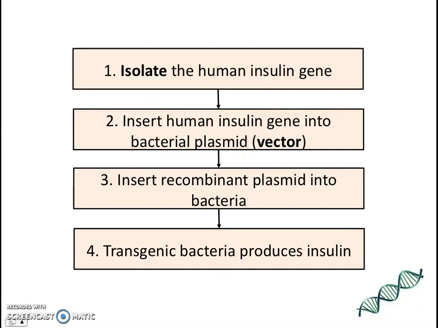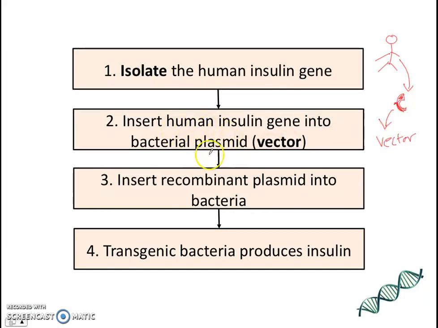Alright, so how do we insert the human insulin gene into a bacteria? Well, the first step is that we need to actually isolate the human insulin gene. So we need to take the human insulin gene out of our human cells. And what we'll do next is we'll insert the human insulin gene into a vector.